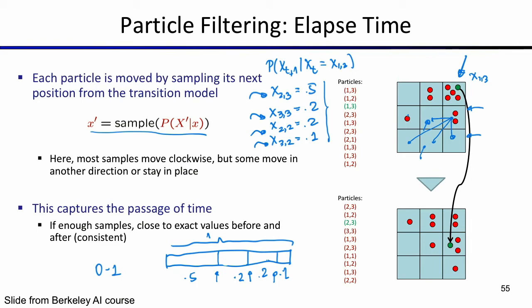So if you are in this position, you're probably going to have transition probabilities for these states here. Okay, and if we have enough samples, we can expect that these samples will mimic the behavior of the transition probabilities. So we're going to be consistent, close to the exact values before and after the transition.